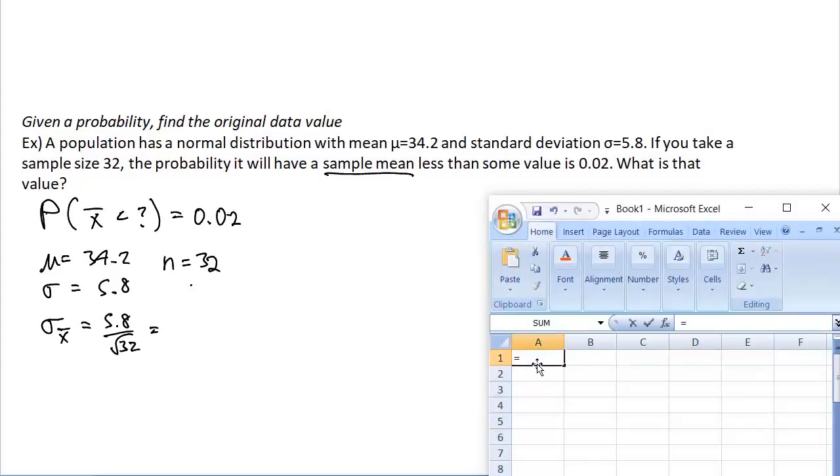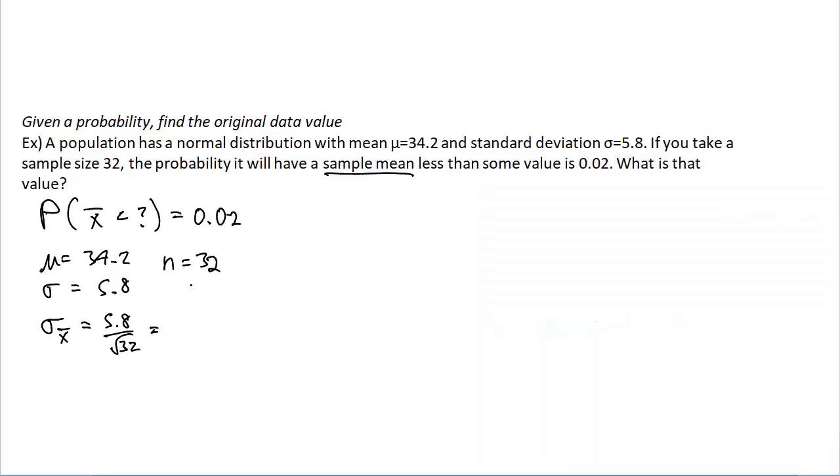I'm going to use Excel as my calculator. 5.8 divided by the square root of 32. So that's this number, 1.0253. And again, because the population is normal, the distribution of x bar is also normal.